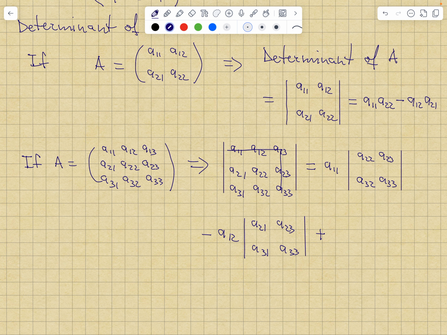Again, a 2 by 2 matrix remains, and you multiply A13 by the determinant of that matrix, A21, A22, A31, A32. And here you use a plus sign in front of A13. All right, so this gives us a determinant of a 3 by 3 matrix.